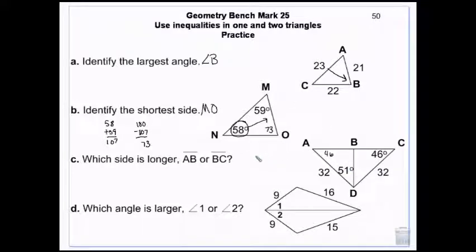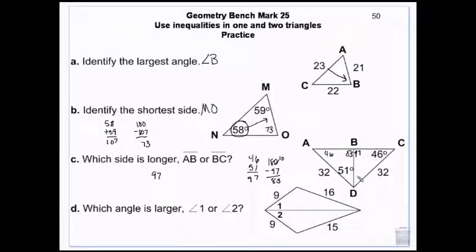Not necessarily 90, because I've got 46 and 51, which is 97. 180 minus 97, that's 83, which makes this 97, which makes this one smaller than 51.